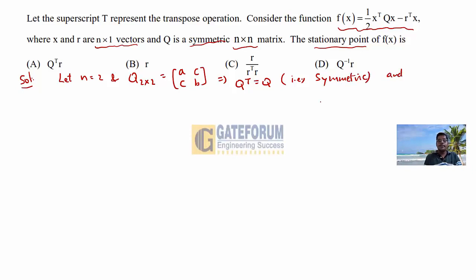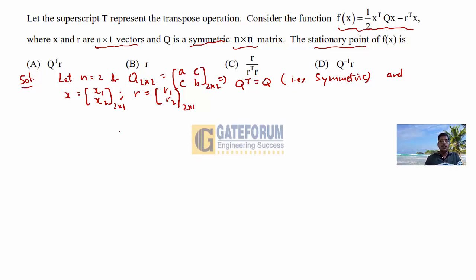And X is a 2 cross 1 vector, that is a column vector, taking two variables x1, x2. R is also a column vector, a 2 cross 1 vector, with two elements R1, R2.